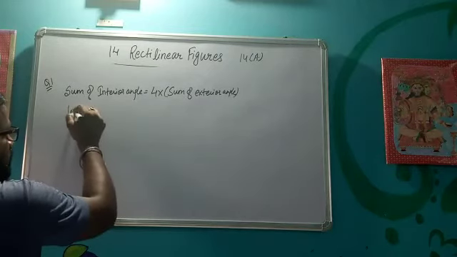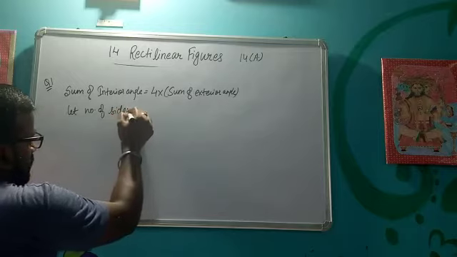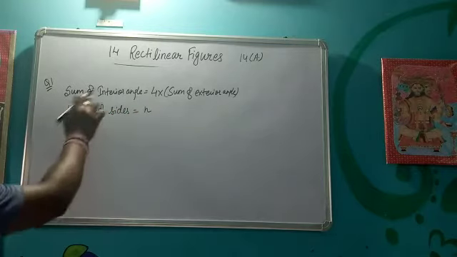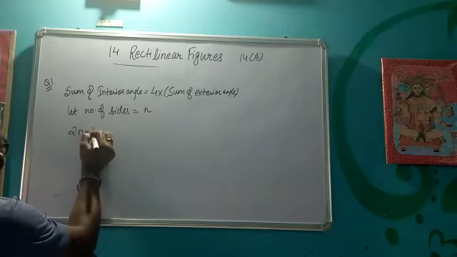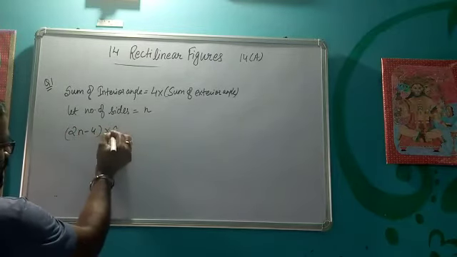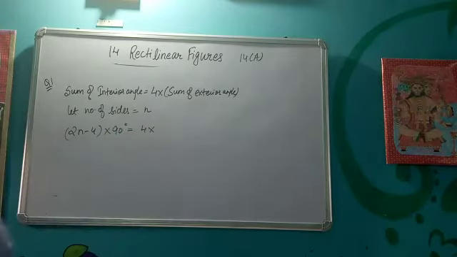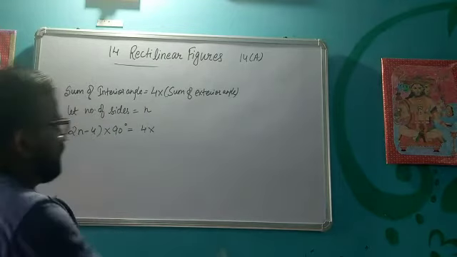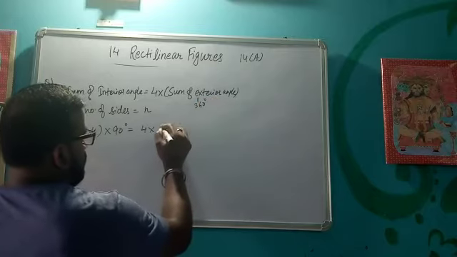So let the number of sides equal n. The sum of interior angles formula was 2 into (n minus 4) into 90 equal to, and as I have told you, the sum of exterior angles will always be equal to 360 degrees. So this value will be equal to 360 degrees.